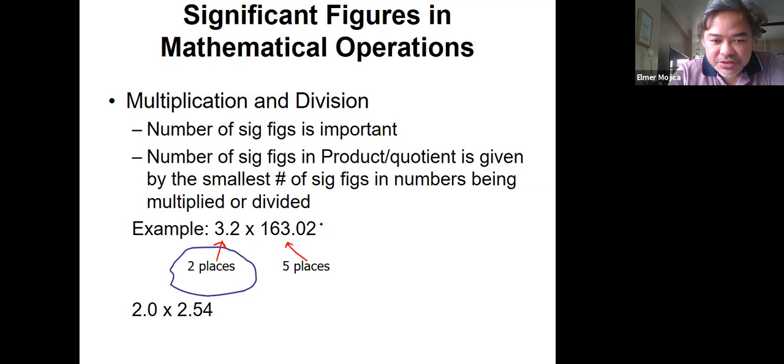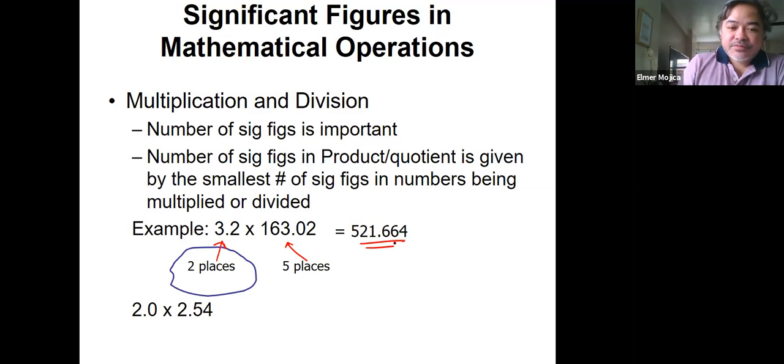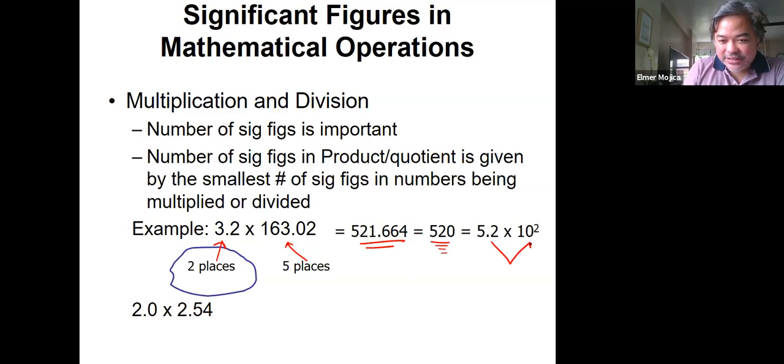When you do the calculation there, you get this number. How many significant figures does the final answer have? 2 versus 5, 2 is less, so 2. This one is still not exact, so you have to write it in scientific notation so that you can say that you really have 2 significant figures. Try to answer this one.